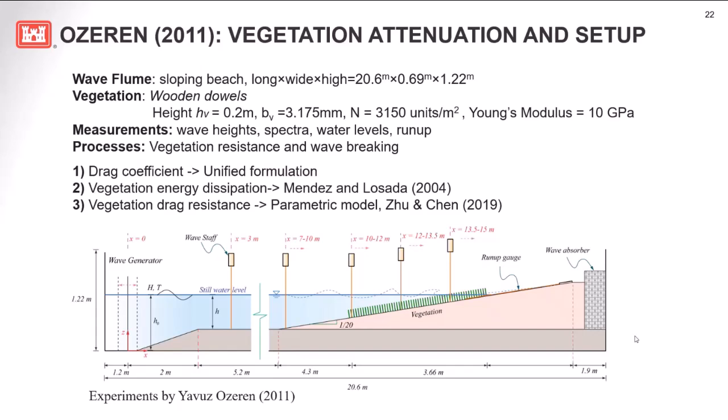The last experiment was another wave flume experiment done by Asano in 2011, and this experiment gives us some preliminary results of model performance on wave setup. So this vegetation was modeled with wooden dowels, so very rigid vegetation with a height of 0.2 meters, a width of 3.175 millimeters, population density much greater than the other cases with 3,115 stems per meter squared, and the Young's modulus of 10 gigapascals, which is really large.